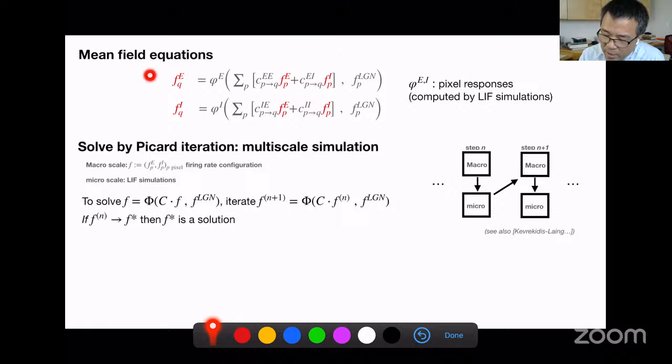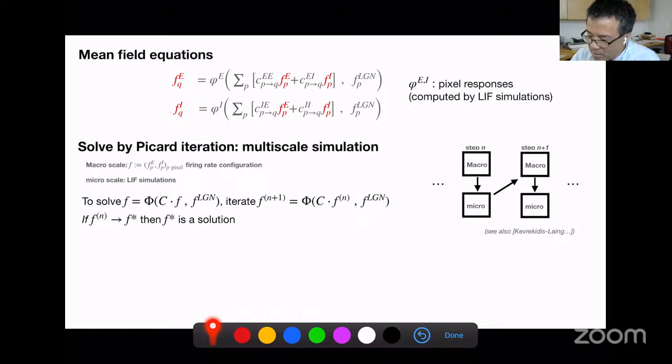To solve these equations by iteration just means that if you give me some firing rates on the right-hand side, I'm going to compute some firing rates on the left-hand side. Of course, generally they're not going to be the same. I'm going to iterate and hope that they will converge to something that's self-consistent.